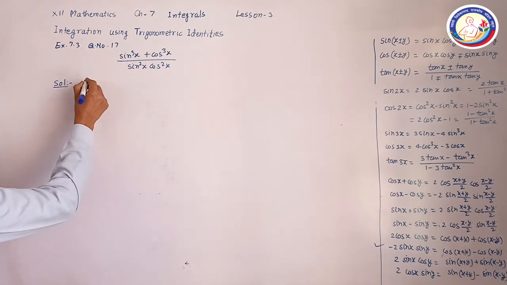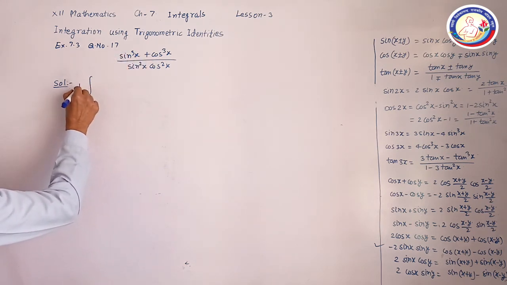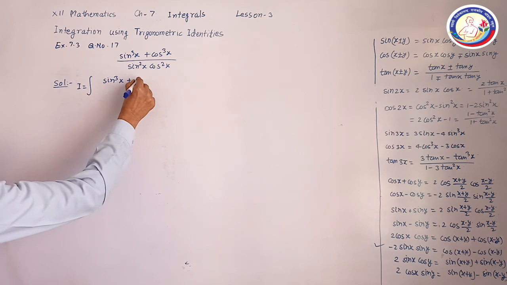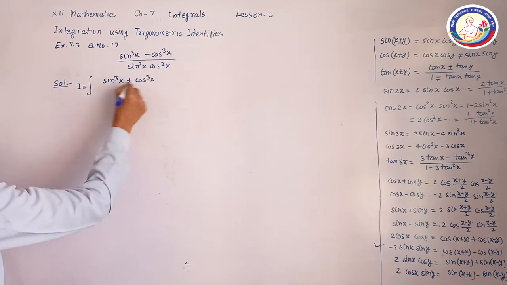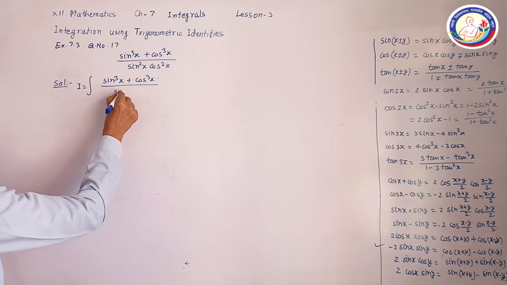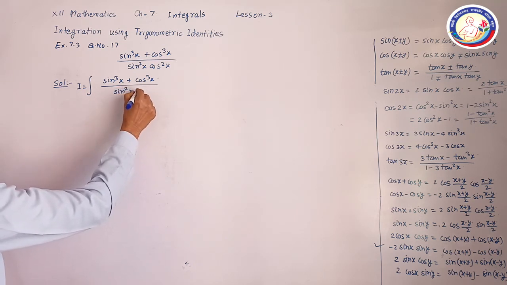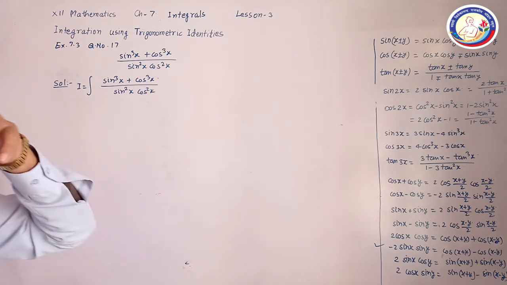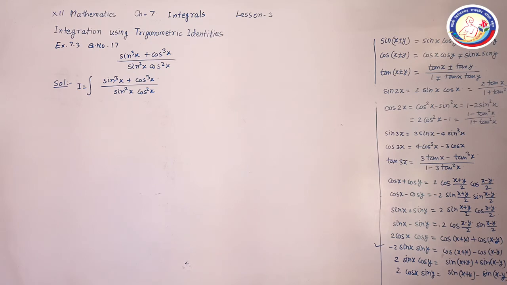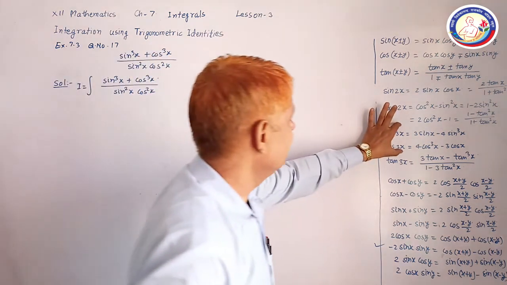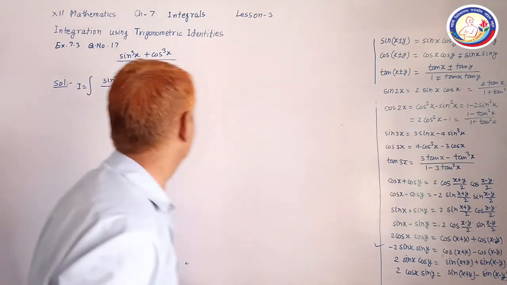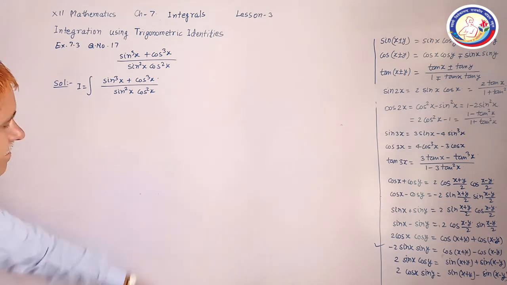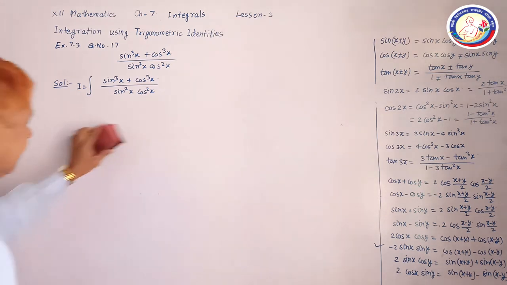We have to integrate this. Let I be equal to this. If we look towards the formula for sine cube x and cos cube x, we can use these two formulas, but here in the denominator we are having sine square x and cos square x, so it will give no clue for the solution.